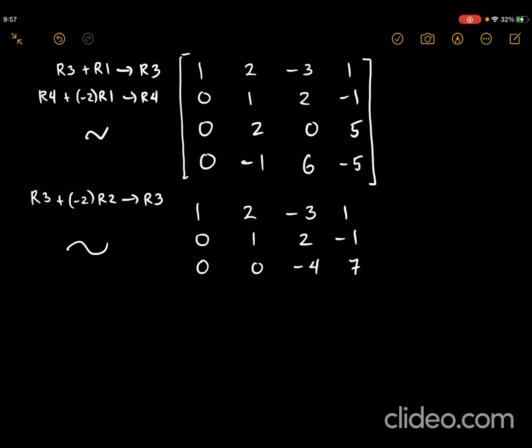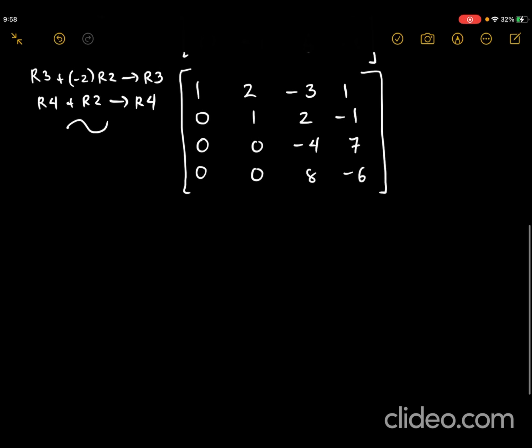Let's also get rid of this entry, obtained simply by adding rows 4 and 2, and use it as the new R4. So we'll have 0, 0, 8, and negative 6. Here we have eliminated the entries directly below this leading entry in the second row.